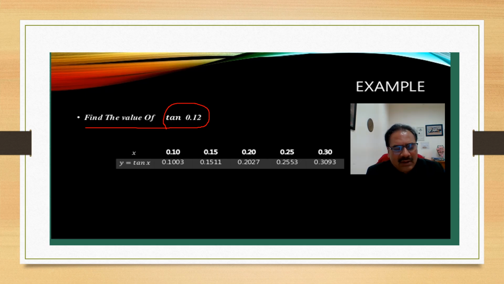X is already given: 0.10, 0.15, 0.20, 0.25, and 0.30, equally spaced. The values of y are given, and you are required to find 0.12. It means this lies in between, near the start of the table, so this is why we use the forward formula.